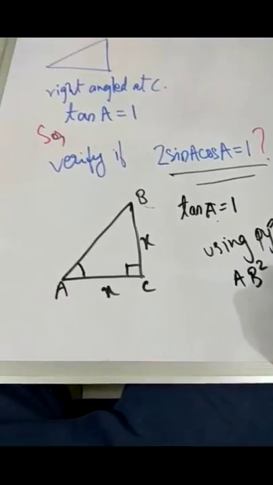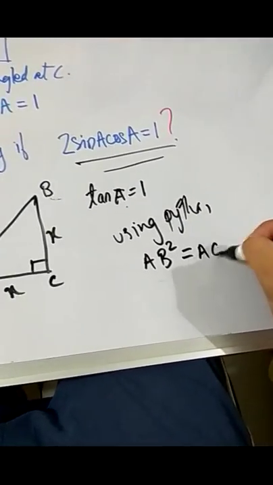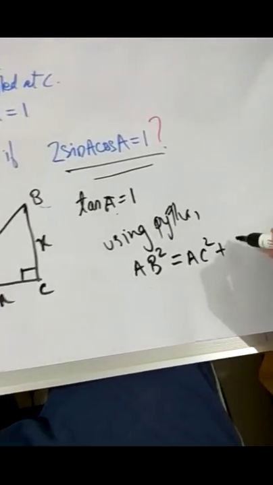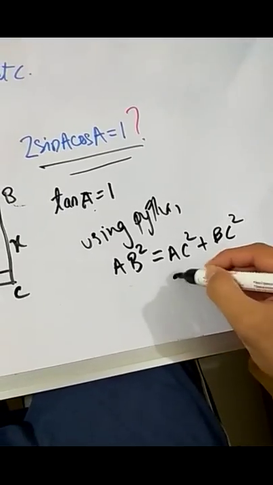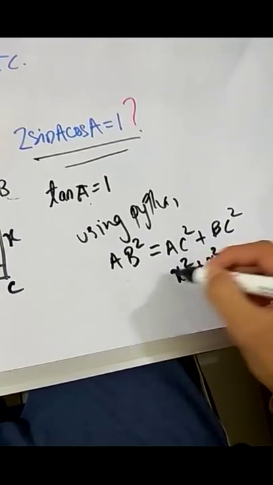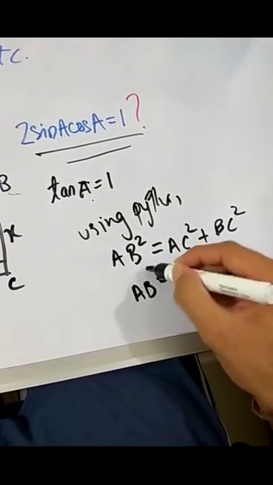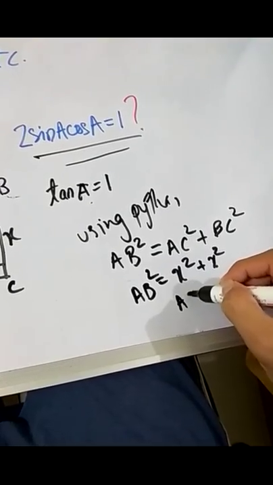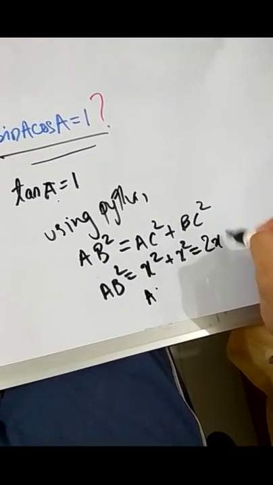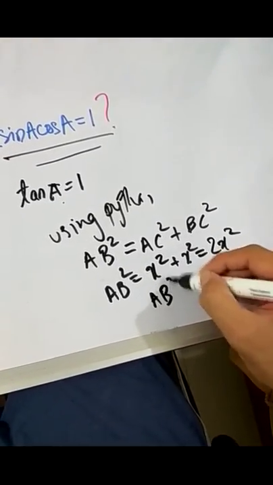AB square equals to AC square plus BC square. X square plus X square equals to AB square. AB square equals to 2x square.